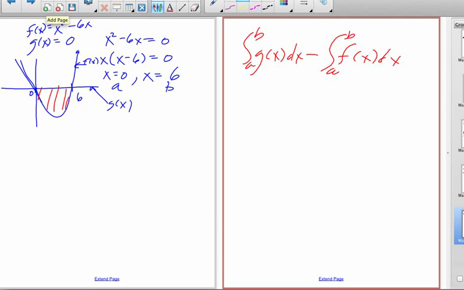Okay, so we know a and b, so we start plugging in what we know. So I'm going to have the integral from 0 to 6, and g of x is 0 dx.